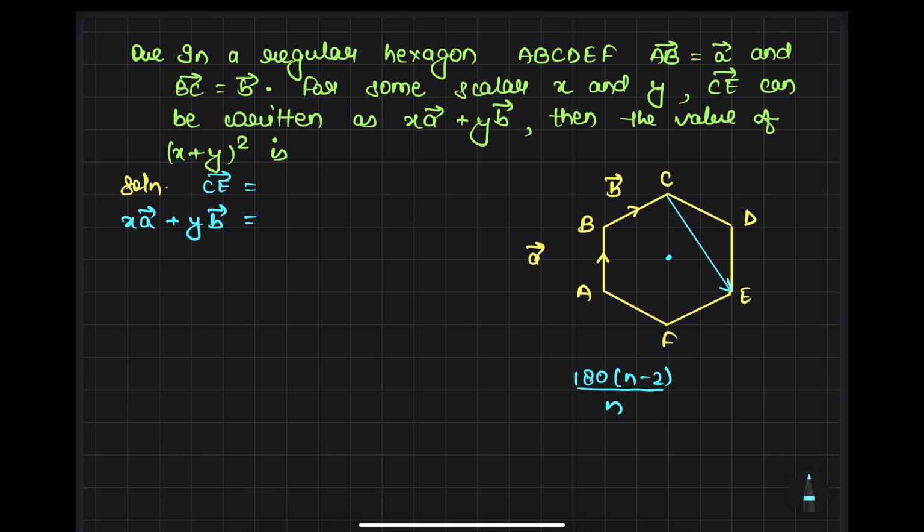So each angle will be this, and n is the number of sides, 6. So 6 threes are 18, and this is 4, so it is 120 degrees. So can I say that this is 120 degrees?